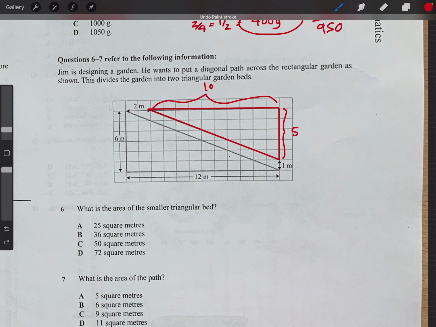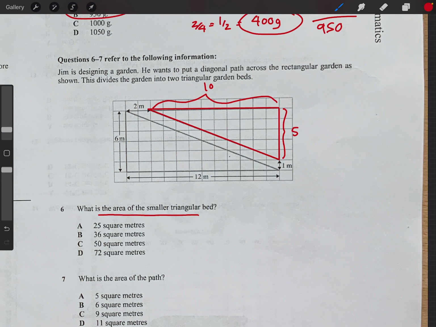So what is the area of the smaller triangle? How do you find the area of this triangle? Well, we know this is 90 degrees here. Area is equal to a half times base times perpendicular height. So the two lengths we want must be perpendicular, they must meet at 90 degrees.